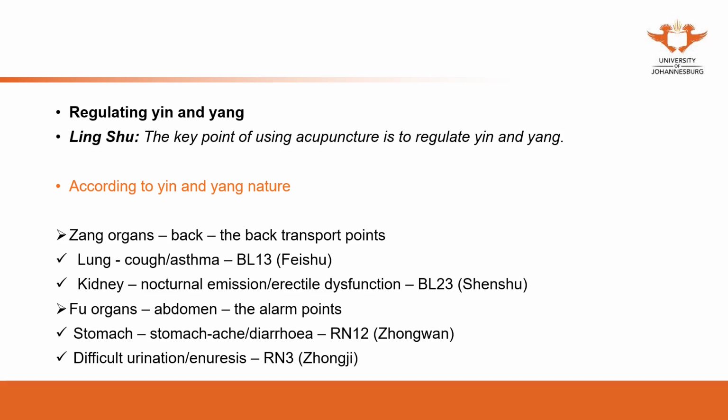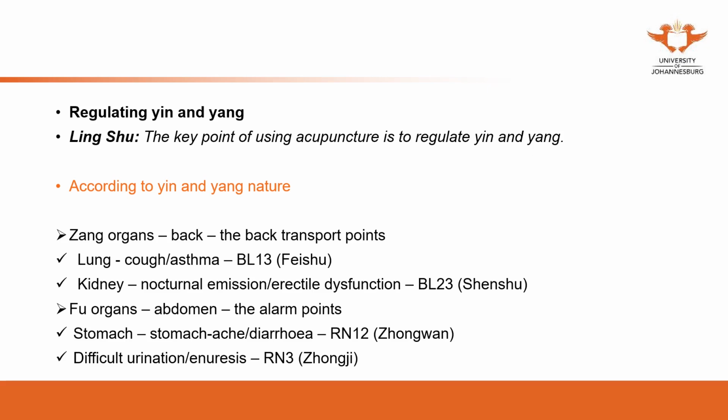Ren 6 and Ren 4 are on the Ren meridian, in the front part of our body, also the sea of the Yin meridians. As you can see here, we're going to focus on the Yin meridian to treat the Yang depleted. We're going to treat the Yang from Yin.